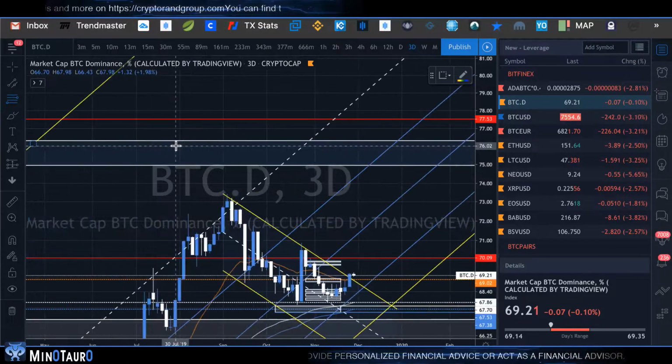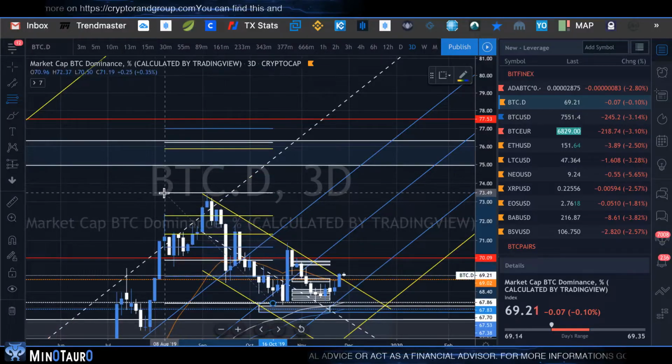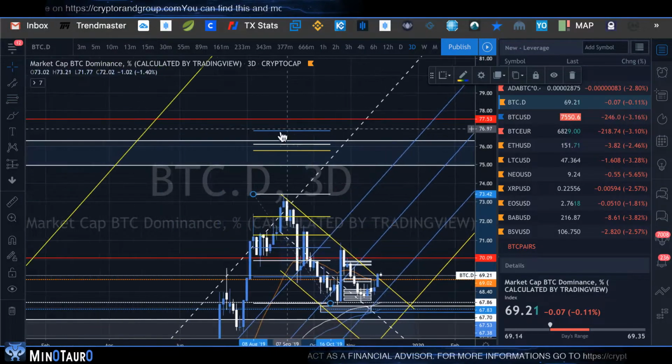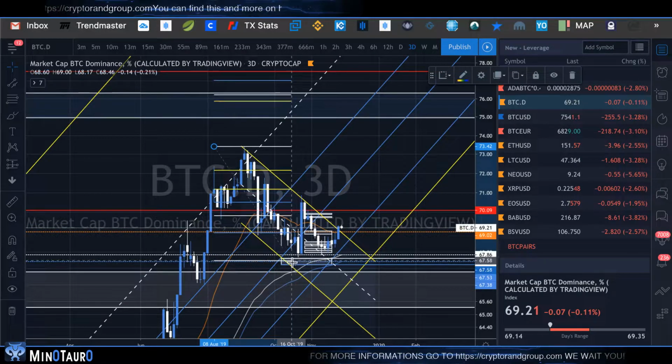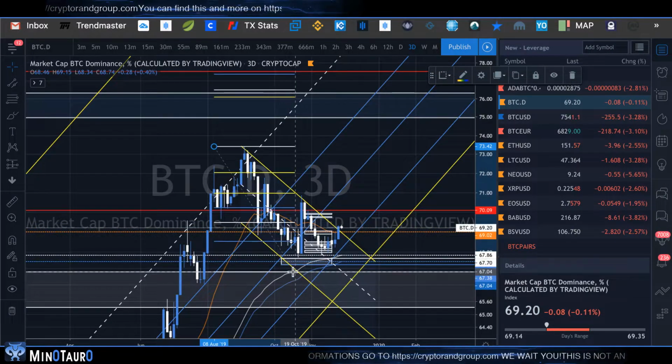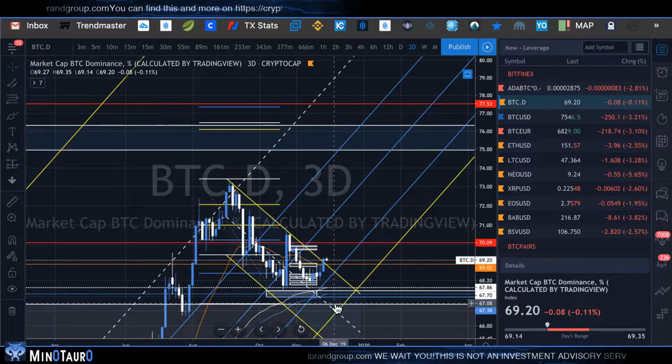Okay, so the master target is going to be this one anyway. I was expecting something like this. Okay, so a retest of this zone and then up there.